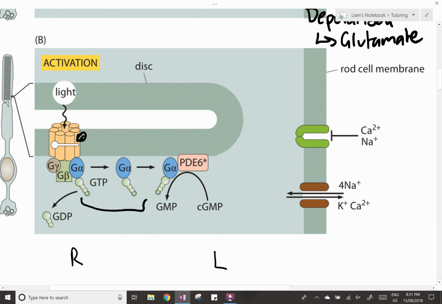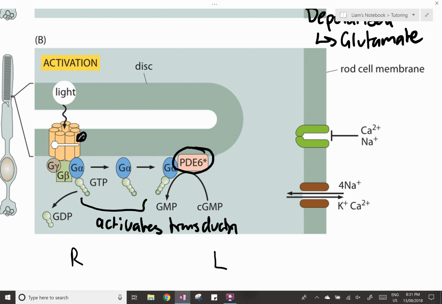We can summarize this by saying it activates transducin. And what transducin does is it activates this protein here called phosphodiesterase. You might have encountered this before. It's present in nearly every cell in the body, but basically phosphodiesterase converts cyclic GMP back to just normal GMP.